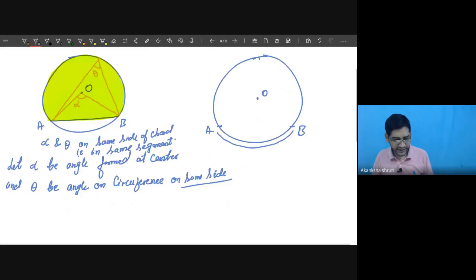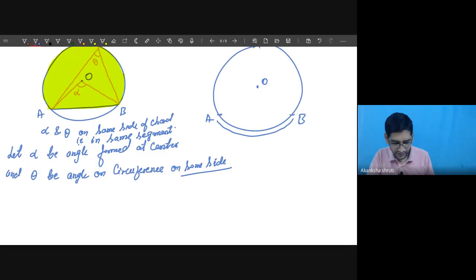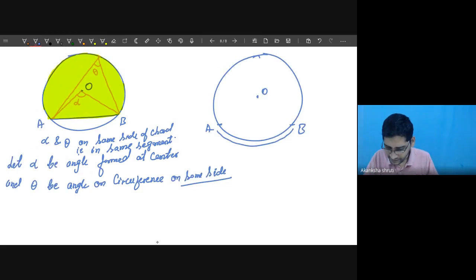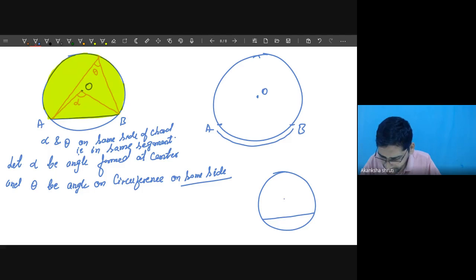Now why the same segment? What is the other term? Students, one may think that AB is a chord and one of you may draw one angle at the other side.